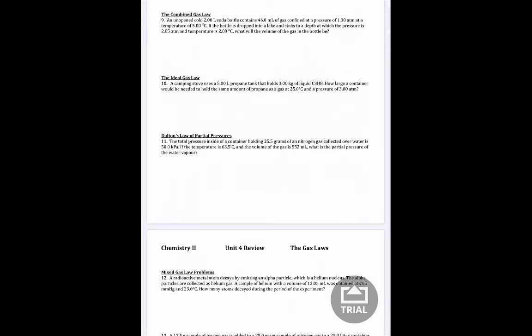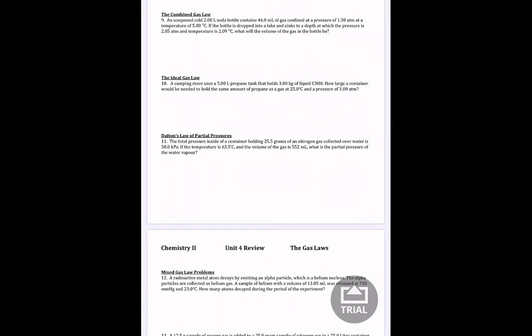So what we've got to do here, you see the total pressure inside of a container holding 25.5 grams of nitrogen gas collected over water is 50 kilopascals. Okay, what we're going to have to do here first is convert 25.5 grams of nitrogen to moles, and then figure out what part of that pressure is nitrogen.